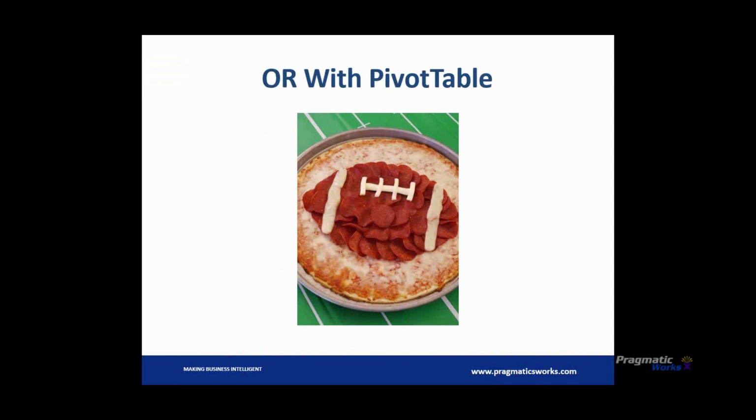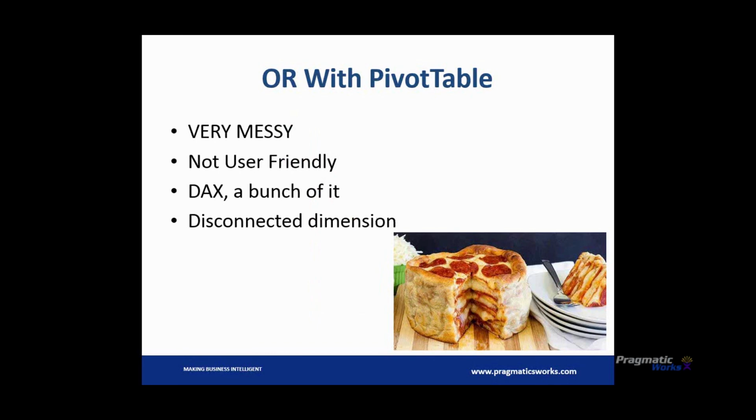The thing that I was going to show you guys here with the OR pivot table is very, very messy. You definitely do not want to do this. It's not user-friendly because you have to essentially import the same table twice. So if I wanted to do an OR on my pizza table, so let's say I wanted to see all orders that were either from 5-star or were of the type of delicious, then I would have to import that pizza table 2 times, and based on the fact that my users want to either do an AND or an OR logic, they would have to use different tables and different measures.